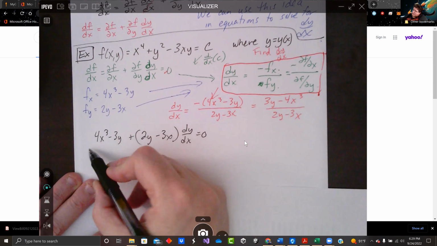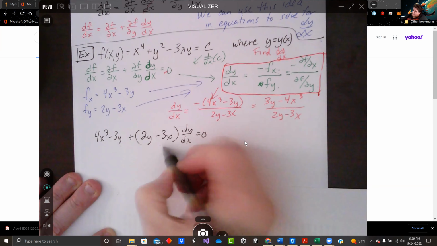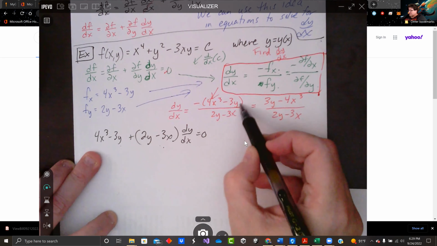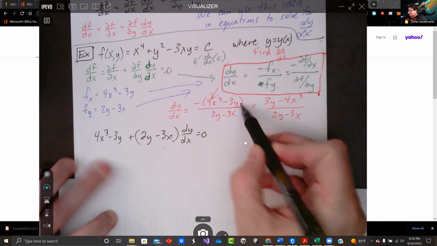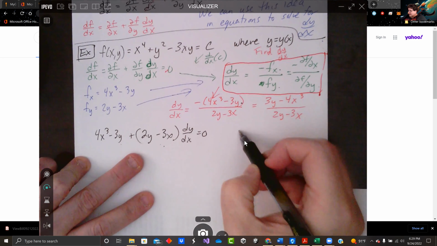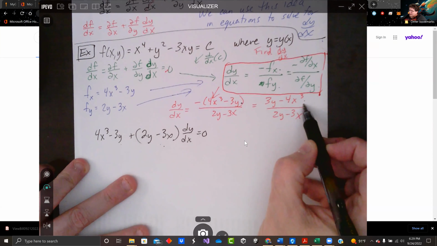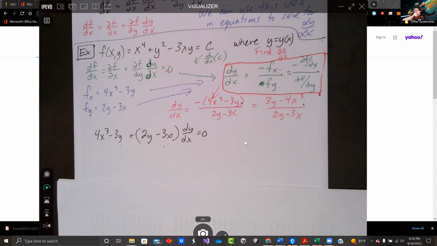And then I move this over and then I divide by that. So that's what I'm doing here. Negative, or 4x cubed minus 3y goes to the other side. It's negative. I divide by the 2y minus 3x. And here I just distributed the negative. So that's my derivative of y with respect to x using partial derivatives in the chain rule.